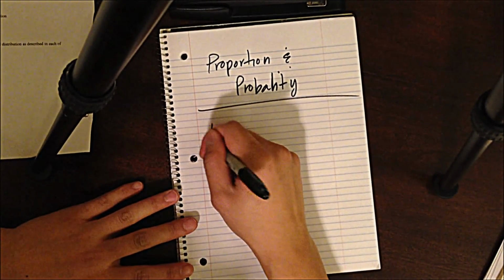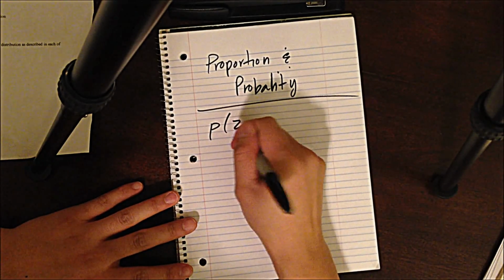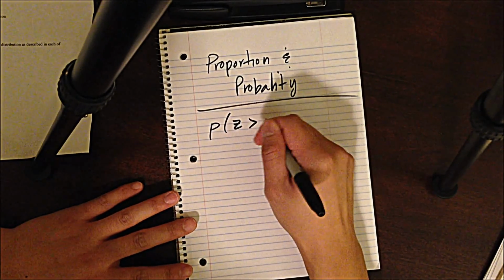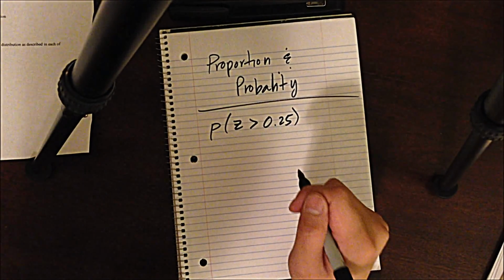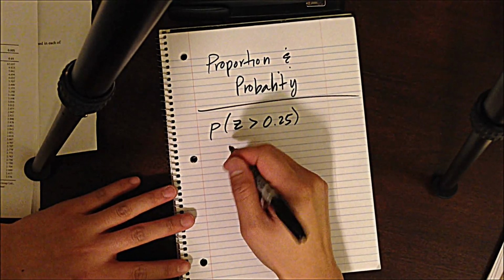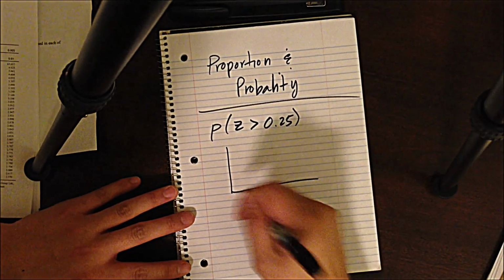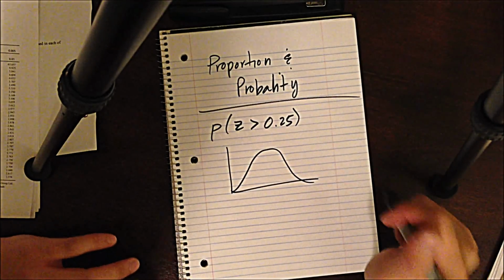So what's the proportion or probability of getting a Z-score greater than 0.25? Okay? So when I first started doing these, I always drew a normal curve. It just helps me visualize things.